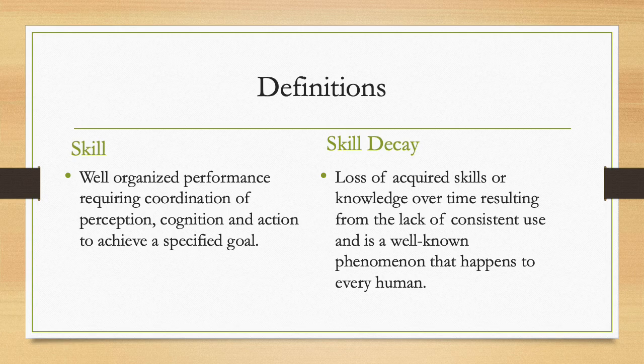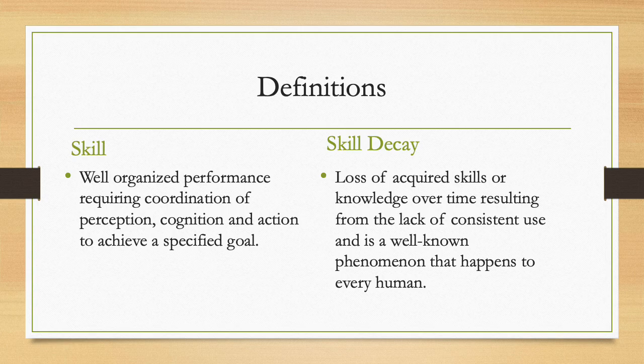However, we find when we do not use these skills, they decay, or as we say, use it or lose it. So, skill decay is defined as a loss of acquired skills or knowledge over time that results from the lack of consistent use, and it is a well known occurrence among all human beings. Every human being has it.